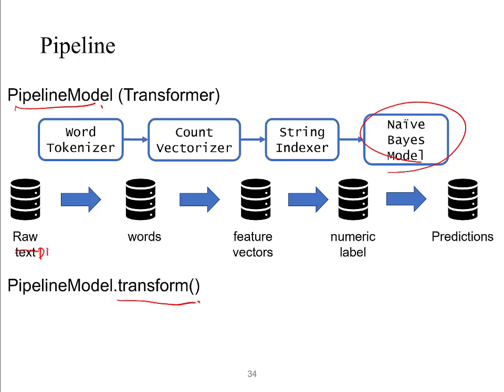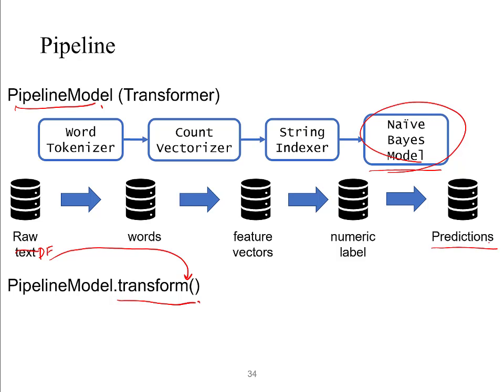Also, the input of pipelineModel.transform is the raw data frame. It goes through the word tokenizer, the count vectorizer, the string indexer, and finally the naive Bayes model, and gets the predictions.